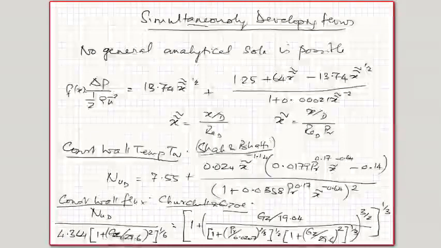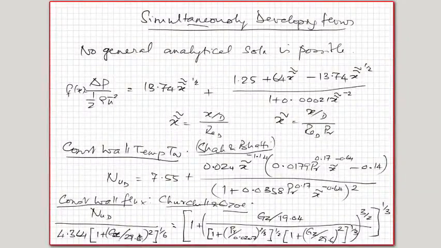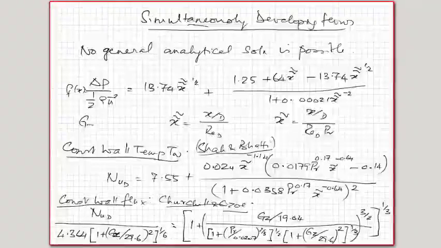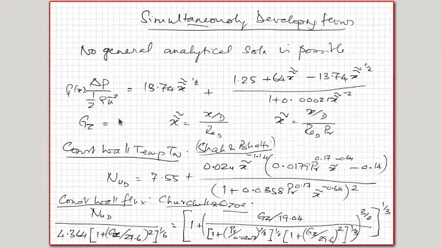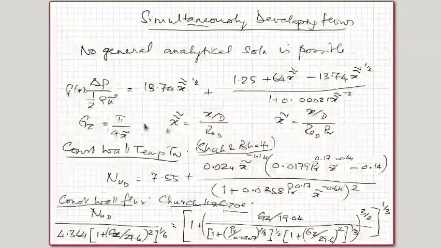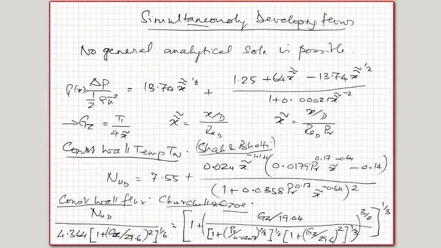So this is the horrendous expression that I was talking about. It is in some sense fitted to data, where the Graetz number, I can write it here, is going to be equal to pi by 4 x tilde, which is already something we defined. So this is the kind of formula that you have derived.